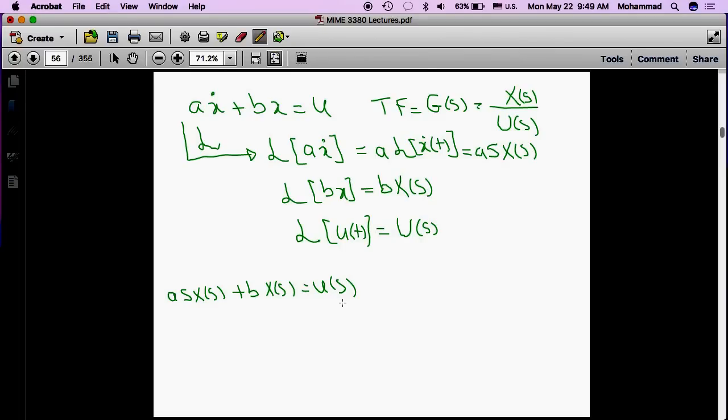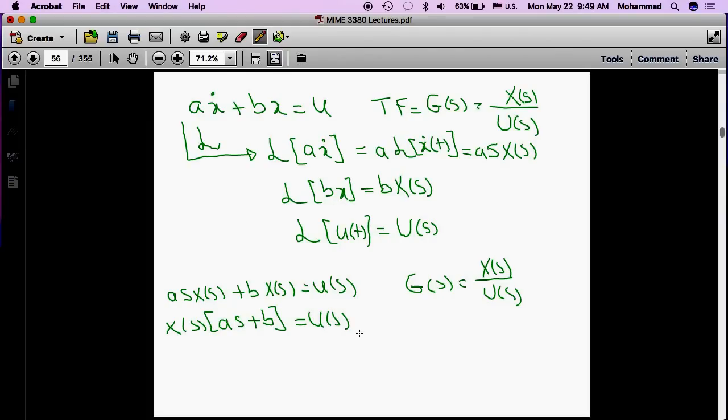The next step is to create the ratio, the transfer function. So the transfer function, G of s, is X of s over U of s. So for that, I need to factor X of s out here. I'll get (as plus b) X of s equals U of s.